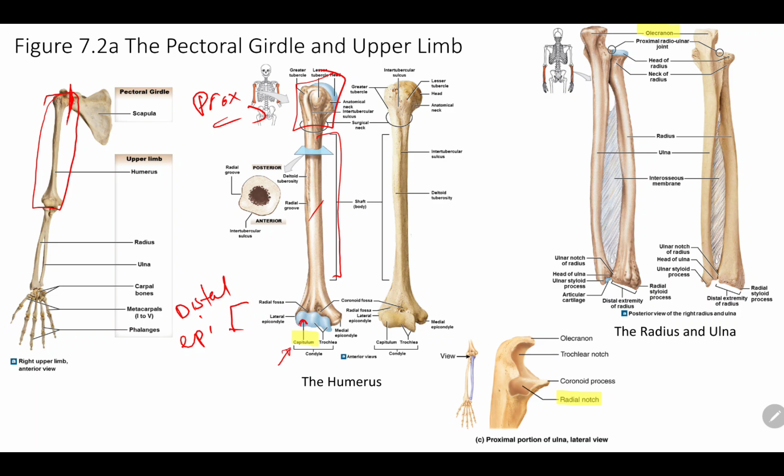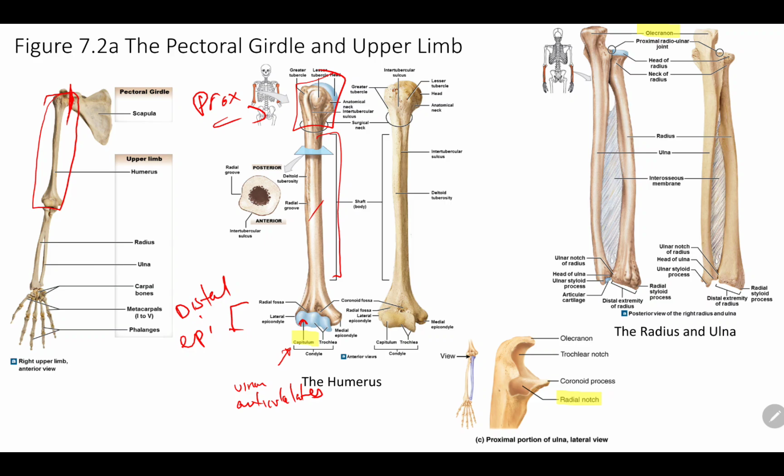And this is basically where the ulna is going to articulate. So remember these different parts of this humerus, okay?